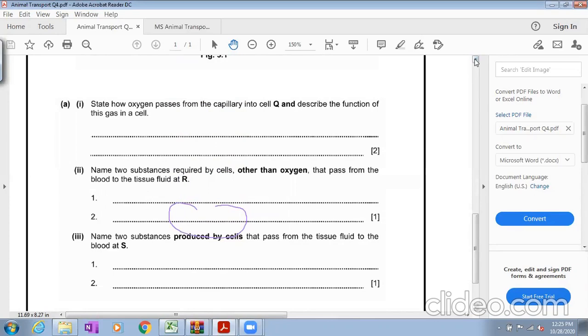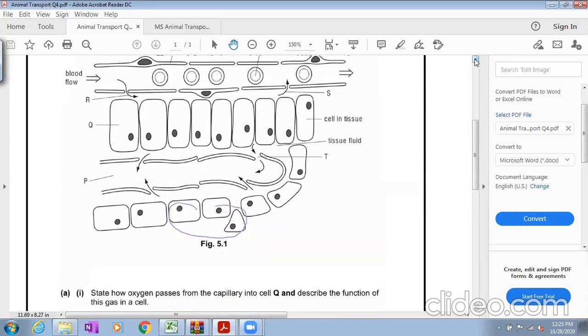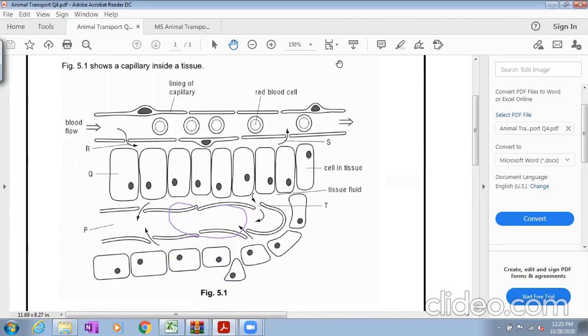At this position, the tissue fluid is mixing with your capillary. So at this point, the substances from the cell will enter and mix with your blood. The waste materials produced by the cell: carbon dioxide, the result of respiration; urea, a waste material produced in the cell; and water can also enter.